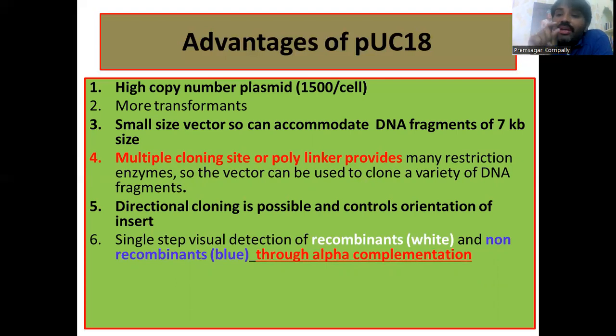Then what will happen? The recombinants will not have a functional beta galactosidase, and cannot metabolize the X-gal, so recombinants will be white. Non-recombinants, where there is no insert in the lacZ prime region which encodes the alpha peptide, can bind with the omega peptide of the host and form the functional beta galactosidase, and the non-recombinants, or just transformants, can hydrolyze the X-gal, the substrate, to convert it into blue color.